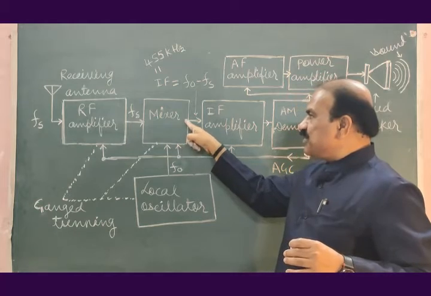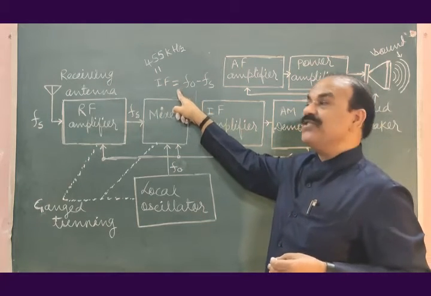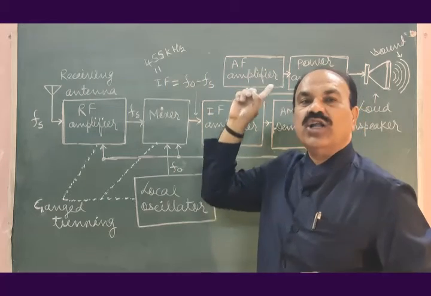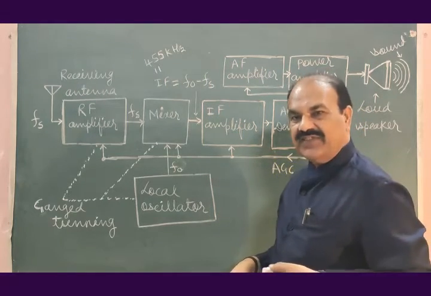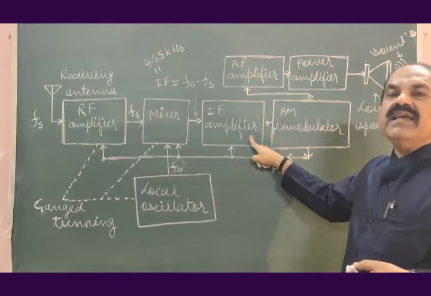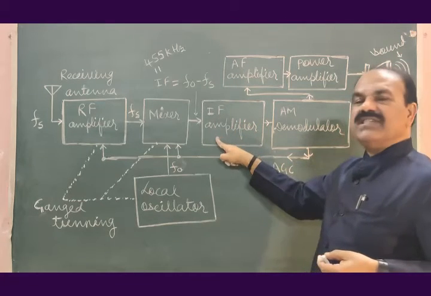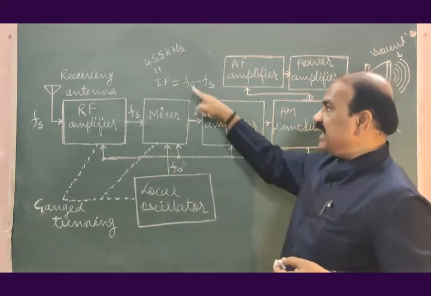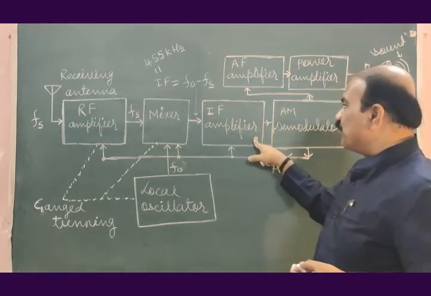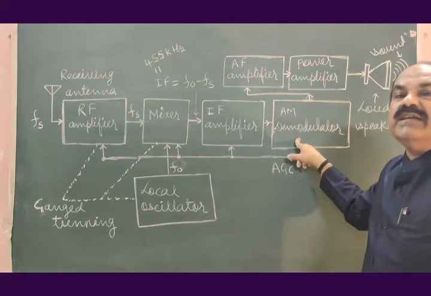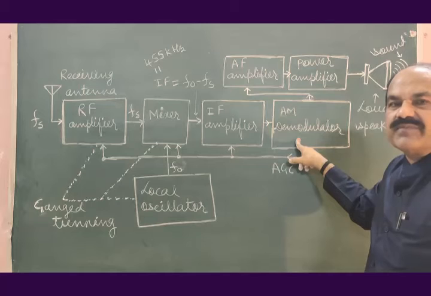Then the output of this mixer, which is the intermediate frequency, in India 455 kilohertz for all AM radio receivers, will get amplified by the intermediate frequency amplifier. After increasing the strength of this IF, the output of this IF amplifier is given to the AM demodulator.